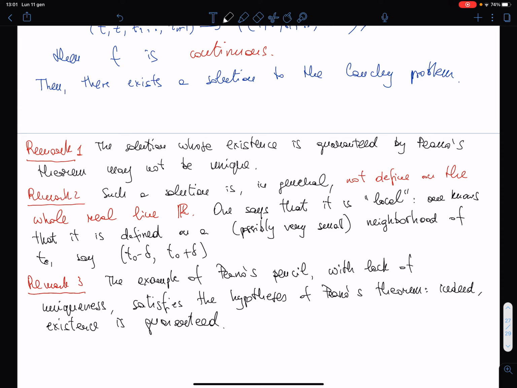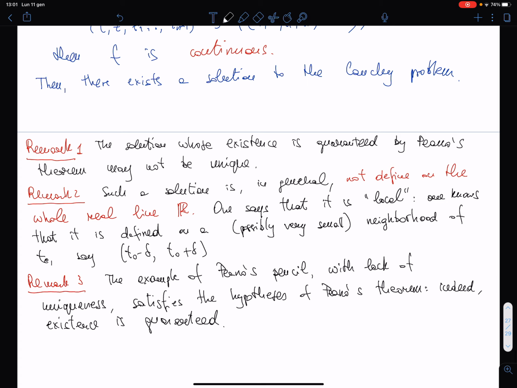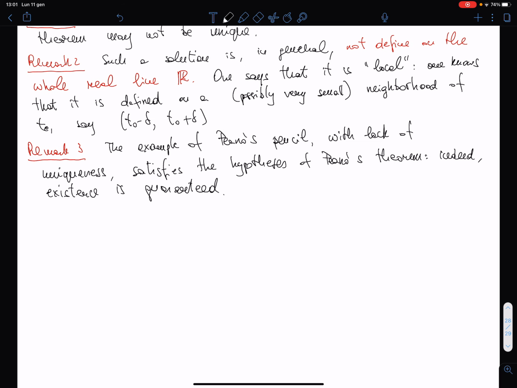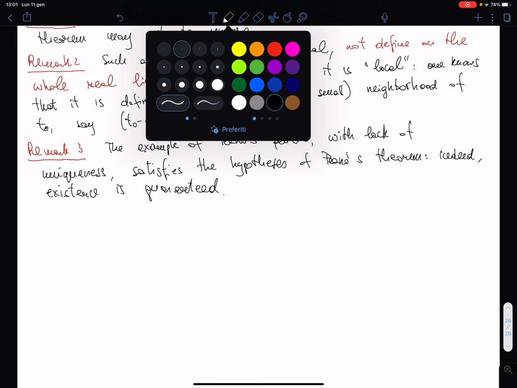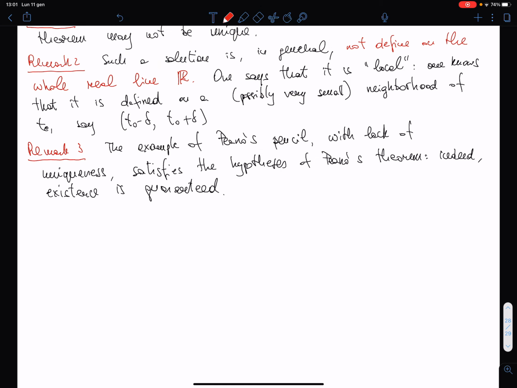And now let us go to the second category of differential equations that we want to study, which is the class of first order linear equations.